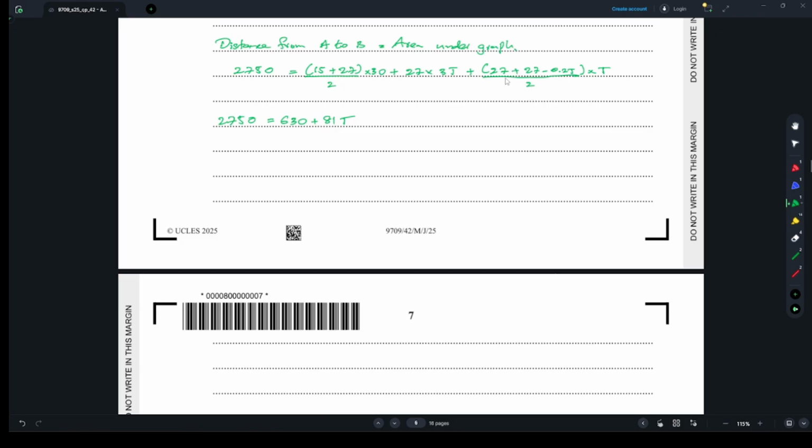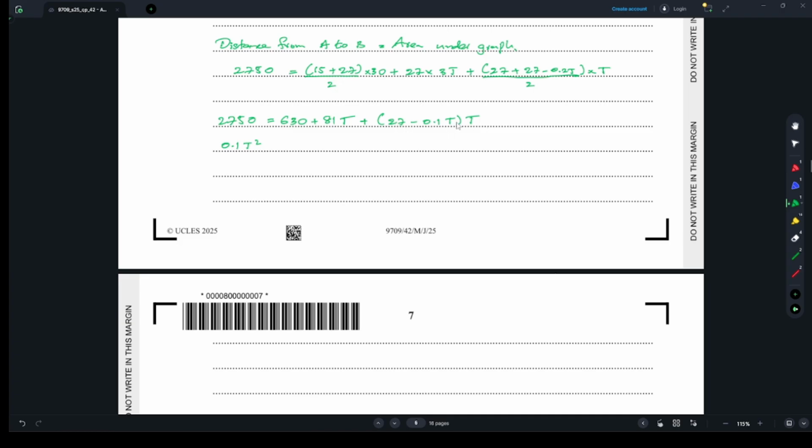So 54 divided by 2 is 27, minus 0.1t, times t. When I multiply by t to expand the bracket, we have t square, so minus 0.1t square. I can bring it to the other side, so it is plus 0.1t square.